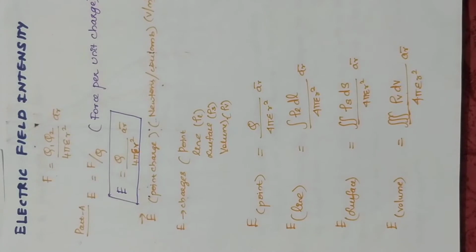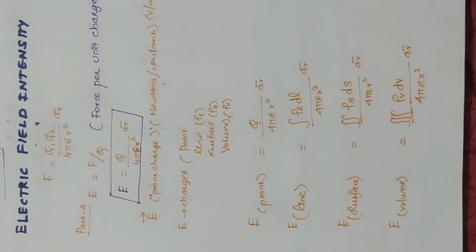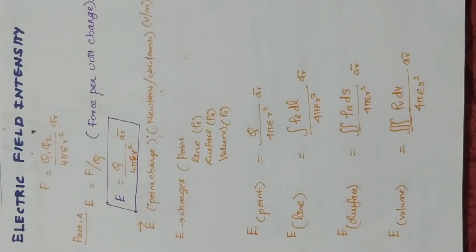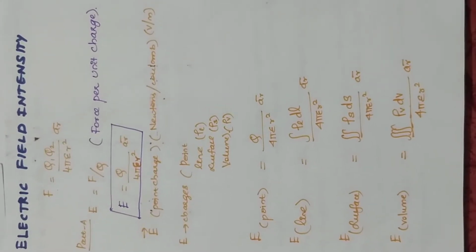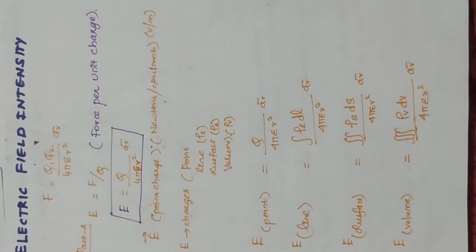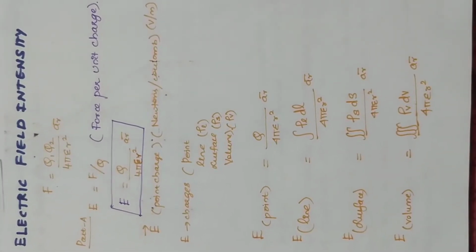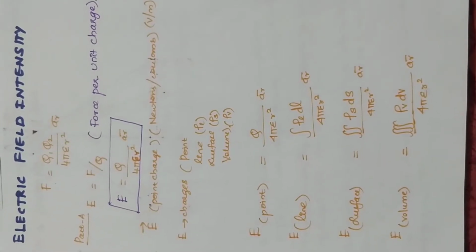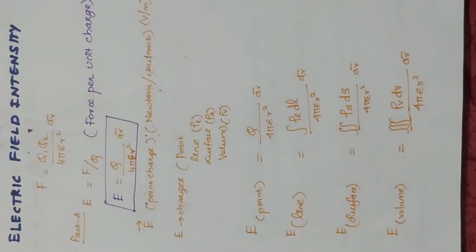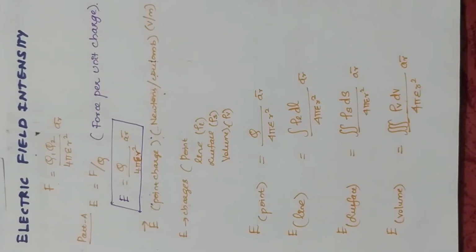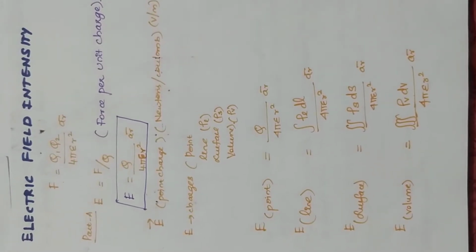We know by definition E due to the point charge is Q divided by 4 pi epsilon of R square of AR vector, and E due to the line charge is Q replaced by integral of rho L dl divided by 4 pi epsilon R square of AR vector, and E due to the surface charges Q replaced by double integral of rho S ds divided by 4 pi epsilon of R square AR vector, and E due to the volume charges Q replaced by triple integral of rho v dv. So these are the various possibilities of analyzing the concept of electric field intensity.